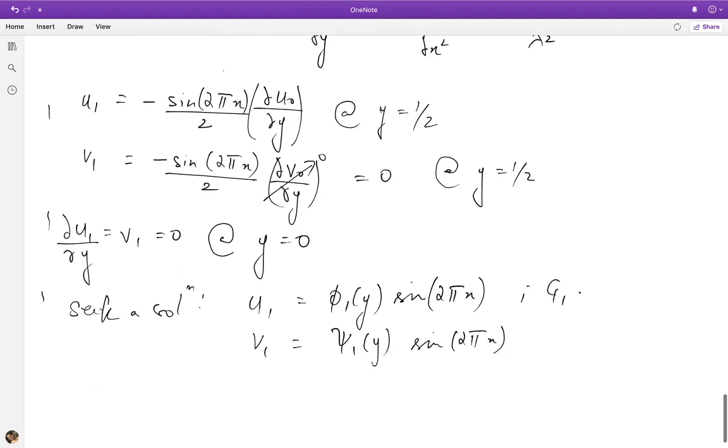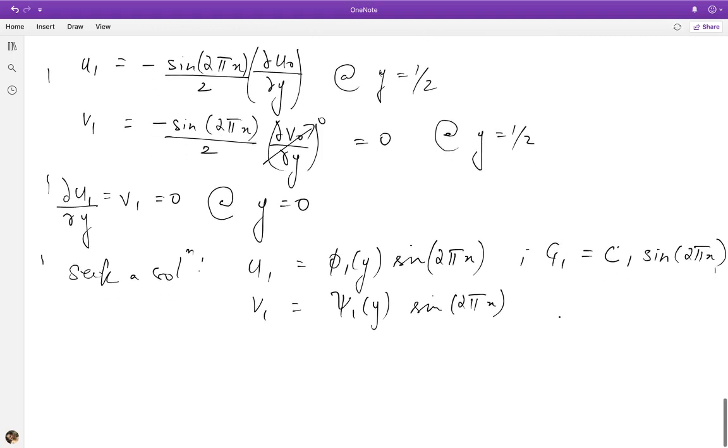So let's say that g1 also has a separable form that goes as, let's call it, c1 times sine 2πx. Okay, so we can now proceed.